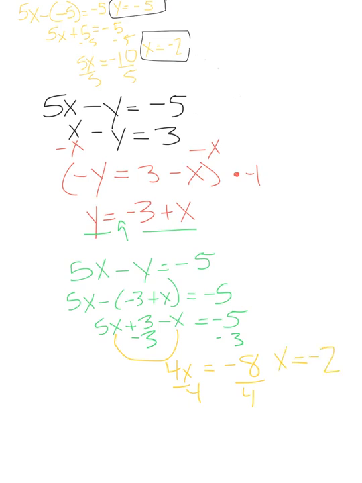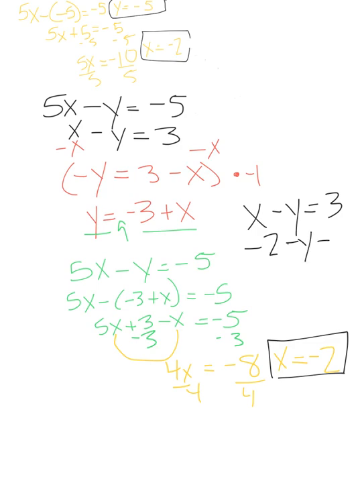And then, just like the other problem, I go back and I plug that into either equation to say if x is negative 2, what does y have to be? So if I take x minus y equals 3, I take out x, put in negative 2, negative y equals 3, negative y equals 5, which means y is equal to negative 5.